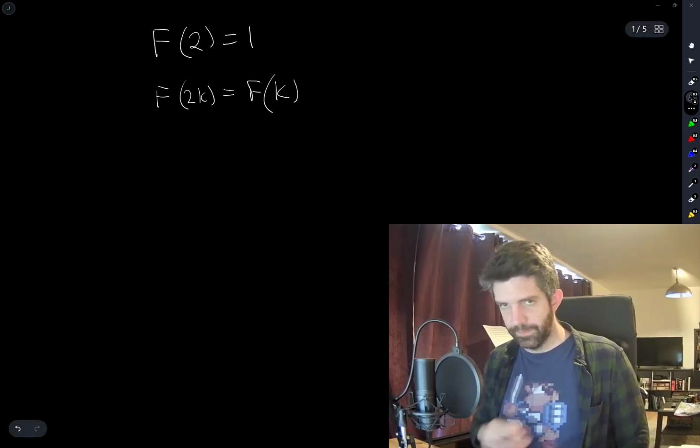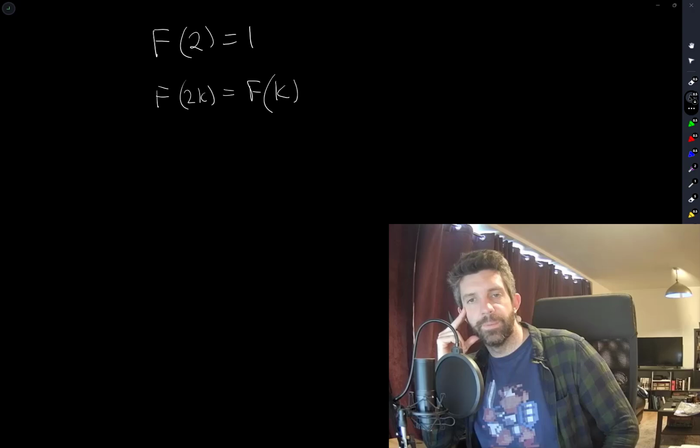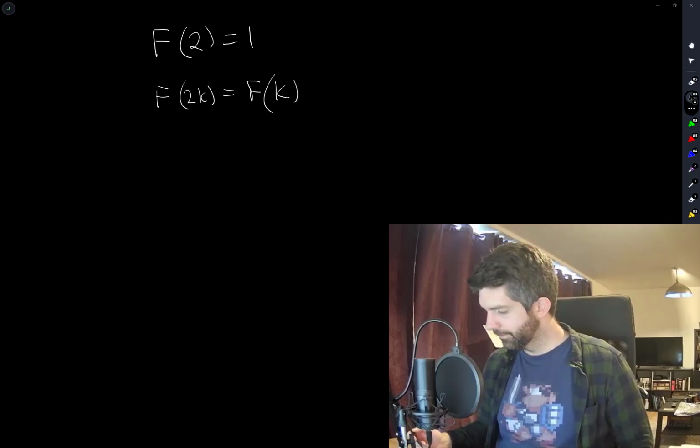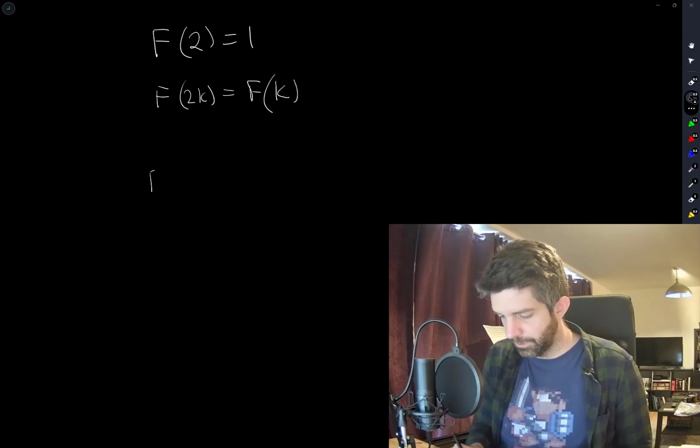I don't want to just completely start making a table of values here and try and decipher the pattern. I want to try to figure out exactly which numbers will give 1 or negative 1. So it's not true that odd values of k always have negative 1. For example, f of 5 is equal to f of 2 times 2 plus 1.